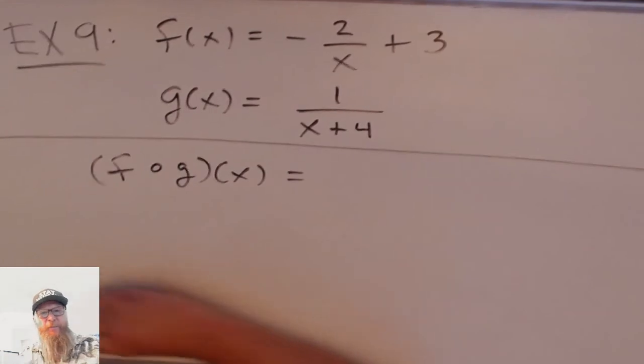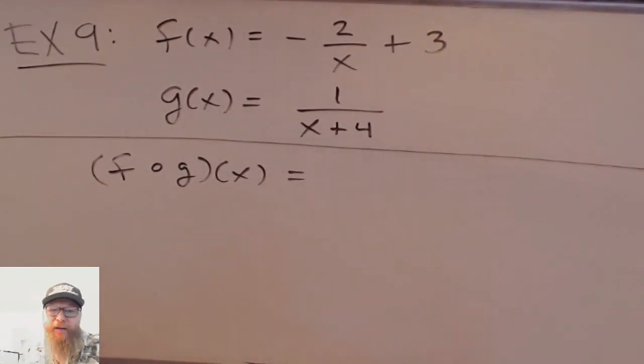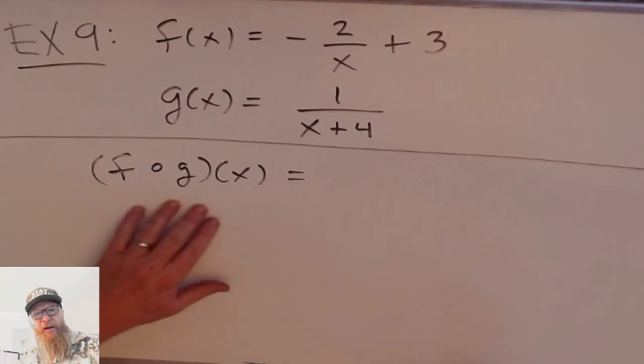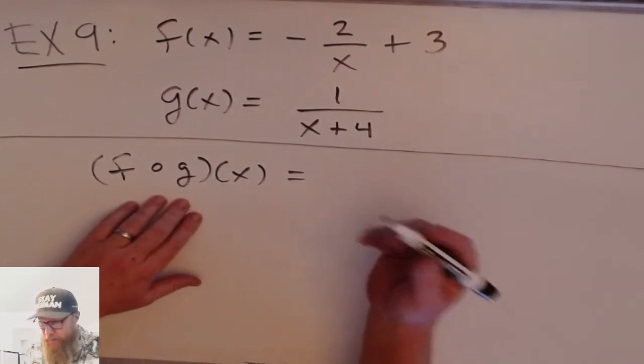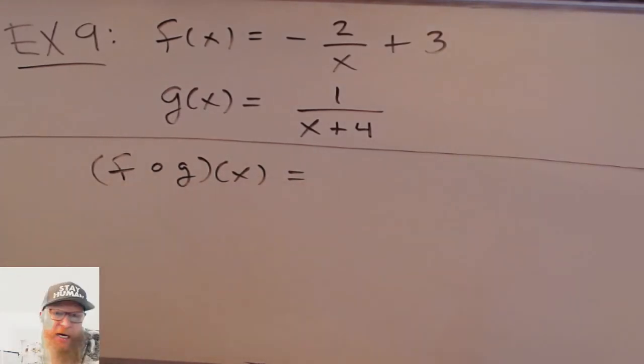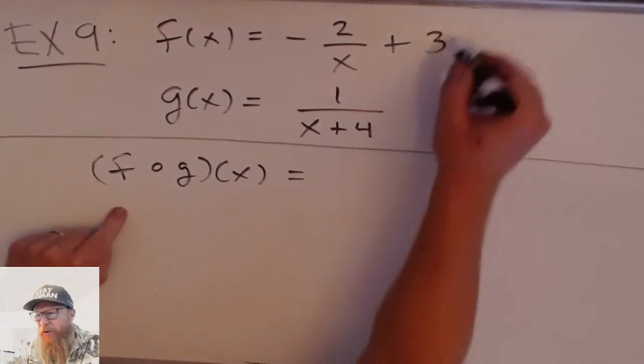I'll spare you the plugging in the number part. All right, so we've got f of g here. F of g, of course, means f after g. Sometimes they'll say after. And so we're going to take the formula for f.